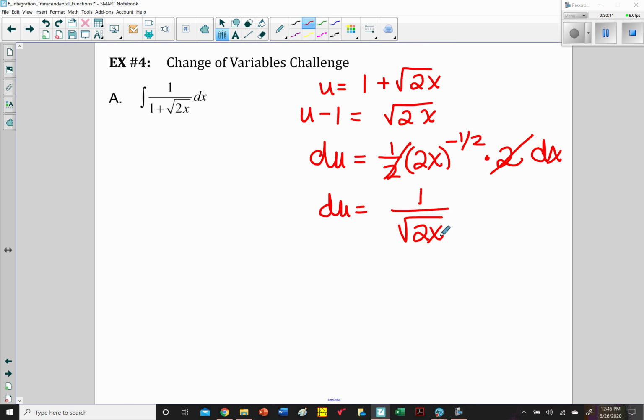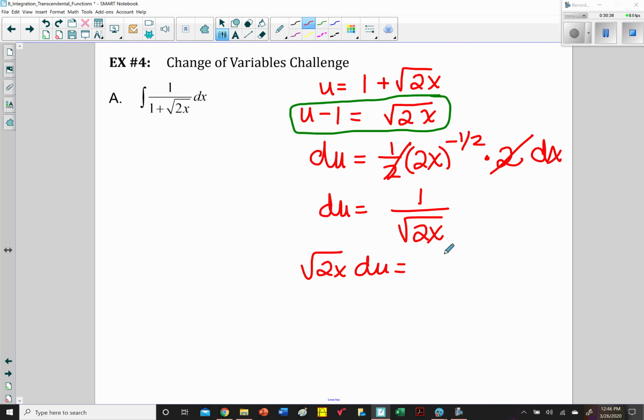So square root of 2x, what are we going to do here? Look at this. This is a challenge. You see how the square root of 2x could be called u minus 1? And I've got a square root here, 2x. So let's say we cross multiply and put the square root of 2x with the du.